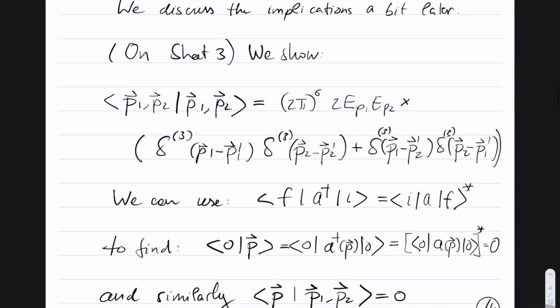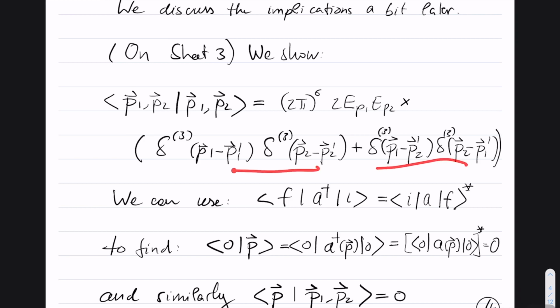But for now, we just state the fact that the norm of this state is very similar, where we still have the product of E_p1 and E_p2, and here we have the products of delta functions that set p1 equal to p1 prime and p2 equal to p2 prime, or a permutation of that, p1 being set to p2 prime or p2 being equal to p1 prime.